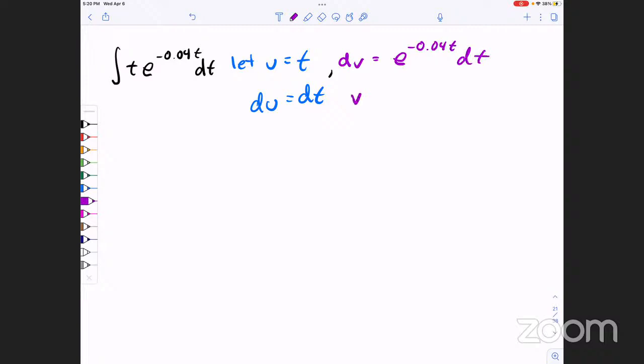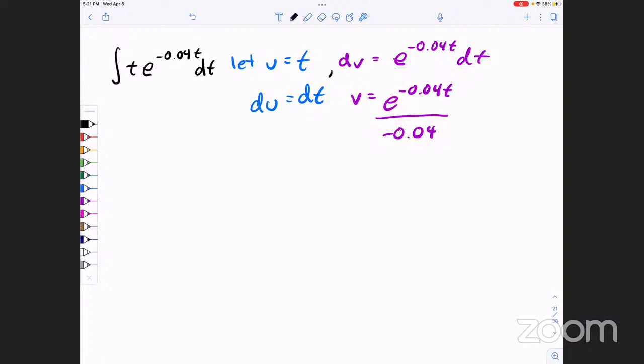And then the integral of that guy, the integral of E is itself, but then we got to say divided by this, right? So just check by taking the derivative. The derivative of v is itself times the derivative of the exponent, and it's going to be canceled by this guy, and we'll finish with the desired result, right? So this feels better.